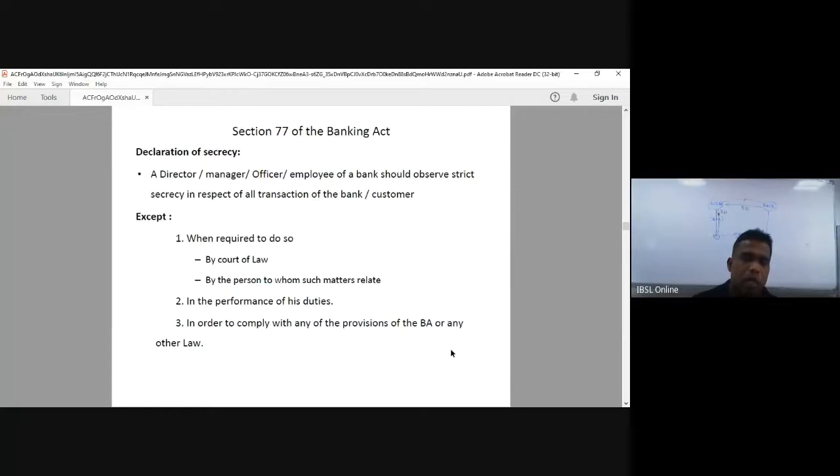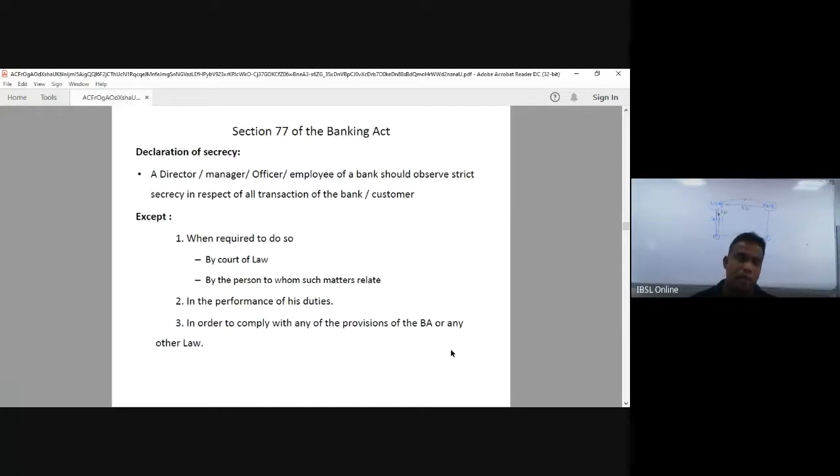Number one, when required to do so by a court of law. When the request comes from a court of law, that means a court order comes to the bank, then the bank can divulge that information. Number two, by the person to whom such matter relates.